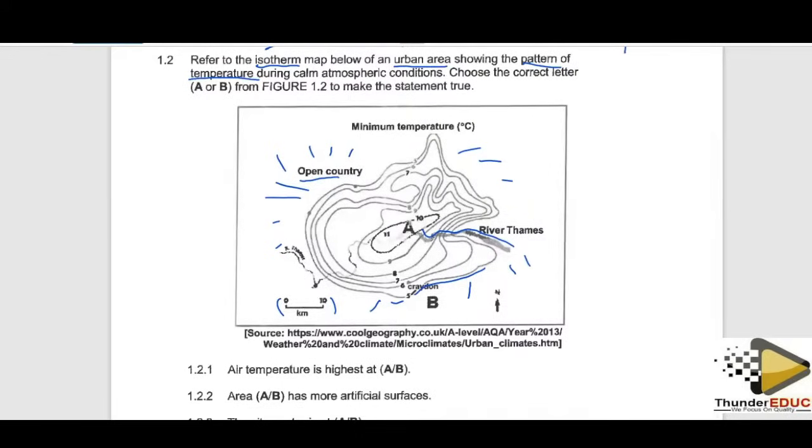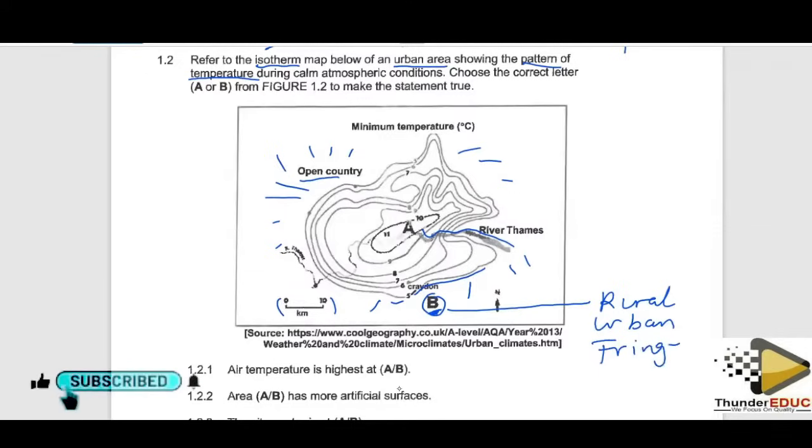All right. So they say air temperature is highest at A or B. Now, we know that point B is the upcountry, or the same as the rural-urban fringe.